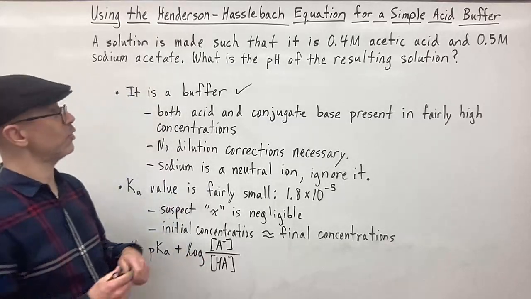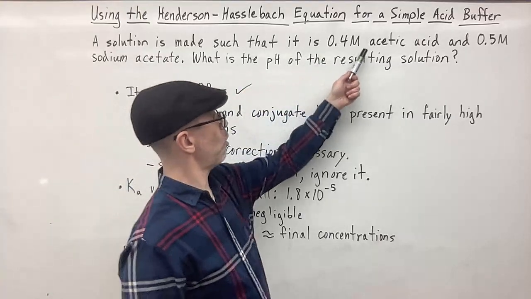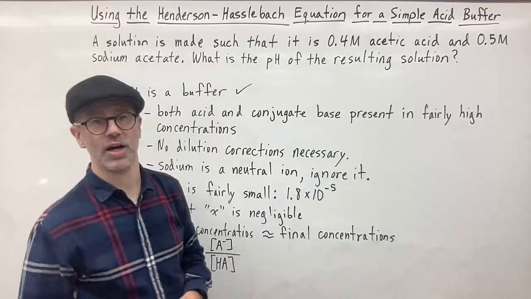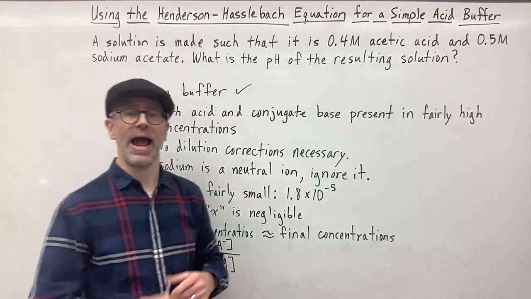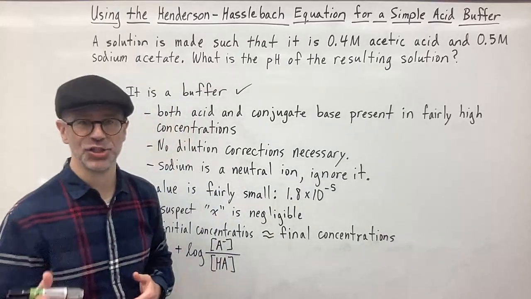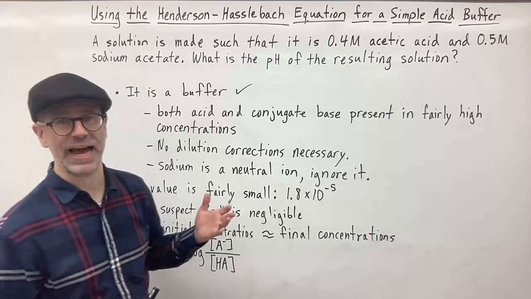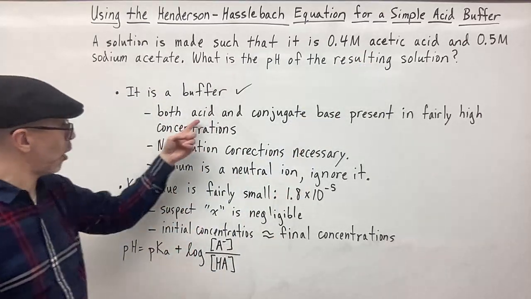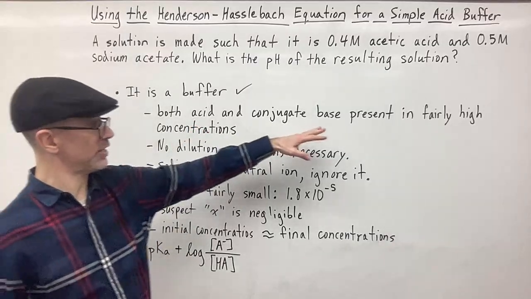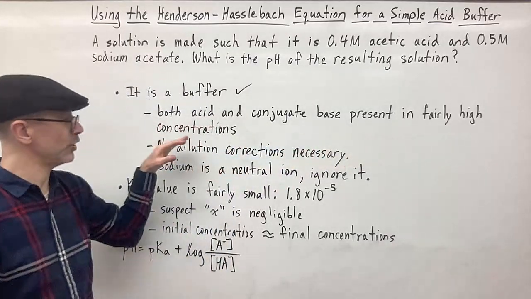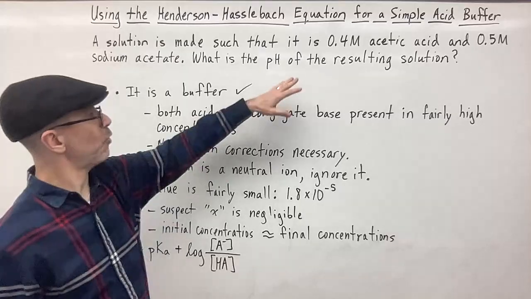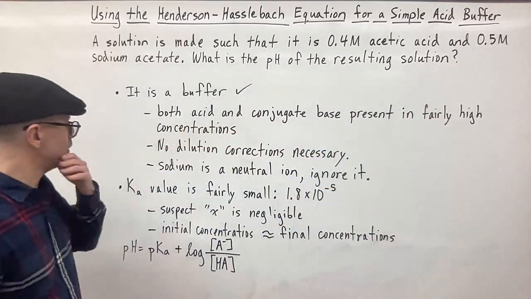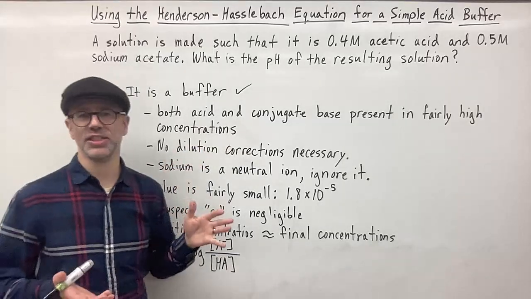We have 0.4 molar acetic acid and 0.5 molar sodium acetate. The acetate ion is the conjugate base of the weak acid that is acetic acid. So we have both the acid and the conjugate base present, and they're in fairly high concentrations, 0.4 and 0.5 molar each.